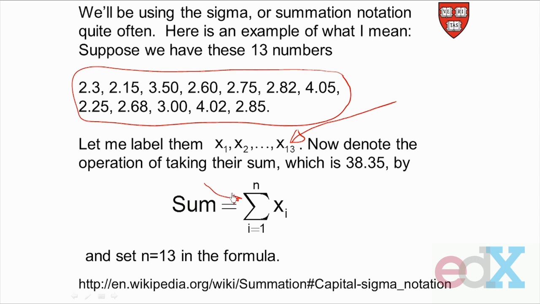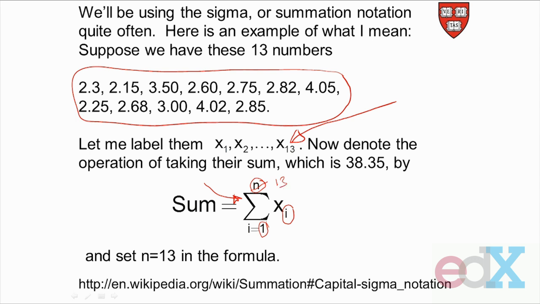So that's the capital letter sigma. It's a capital S in Greek, and there it is. So we're going to have i, because there's 13 numbers, i is going to run from 1 to 13. So we'll set this equal to 13 in our current application.